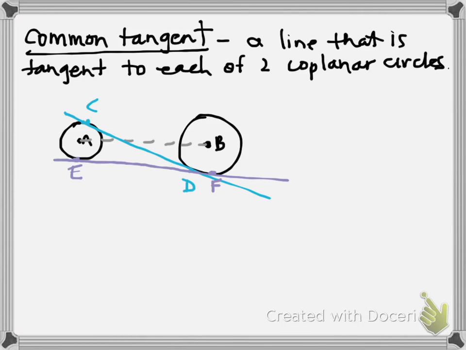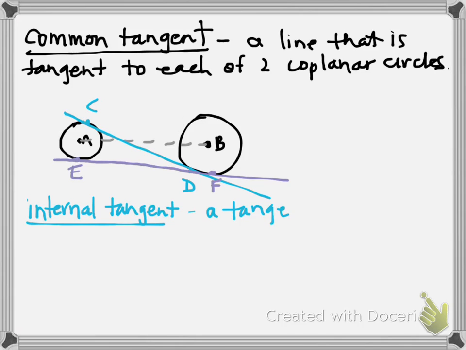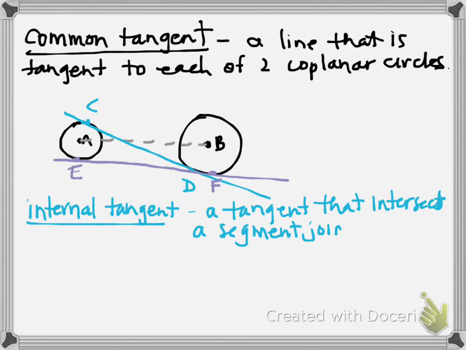CD, okay, good, yeah. So an internal tangent is a tangent that intersects a segment joining the centers.